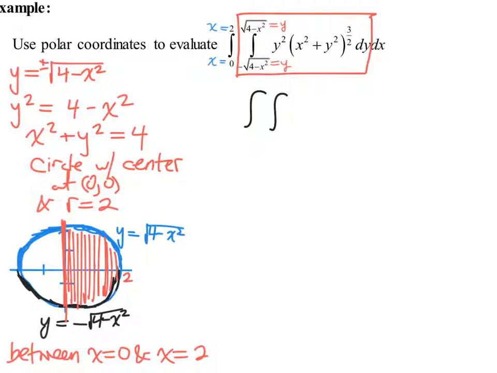I'm still going to have a function, but it's y squared that's going to get replaced with an r sine theta, squared. Clean that up. And then x squared plus y squared is the same as r squared.